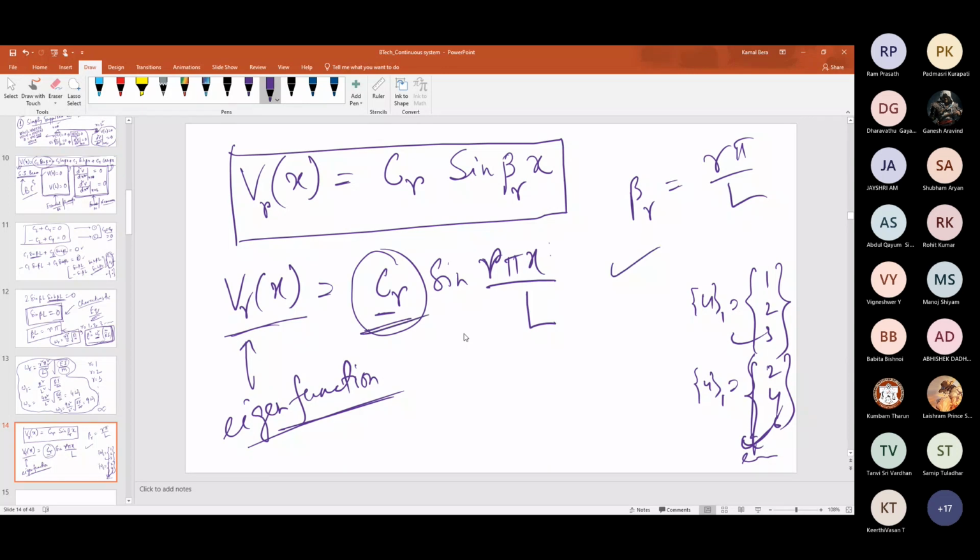Now, how to find out this Cr? A similar procedure, like we do for the multi-degree of freedom system, right? What is that similar procedure to discuss?